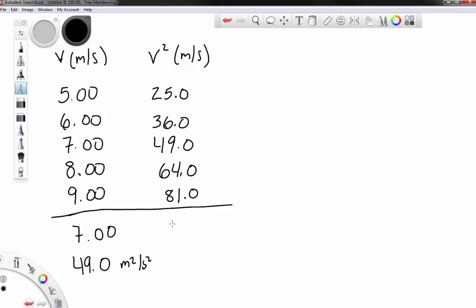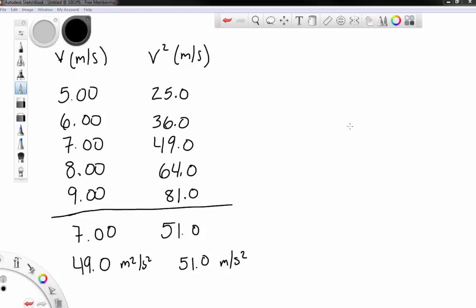So that means that we can put 51 as our average here. That's 51.0 meters per second squared. So you can see here that the order in which we do things matters.